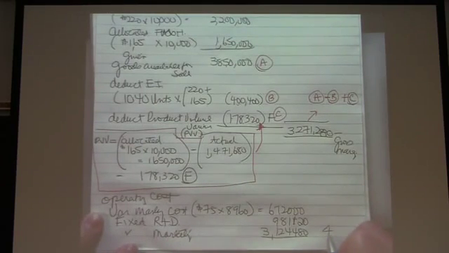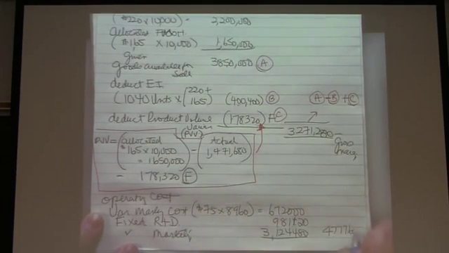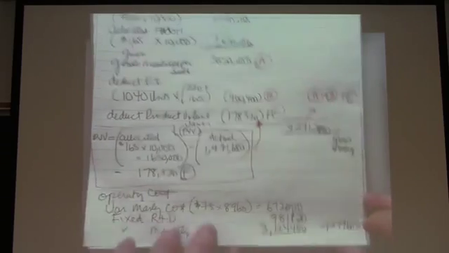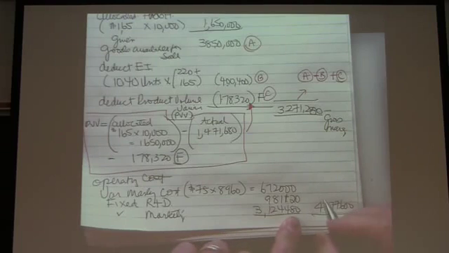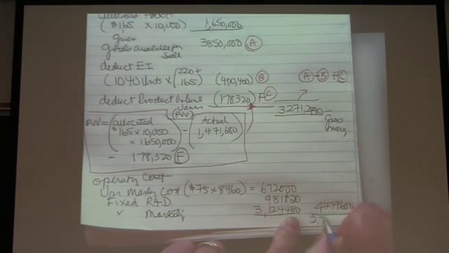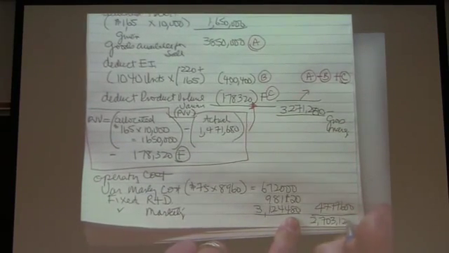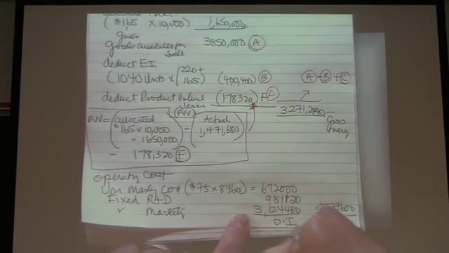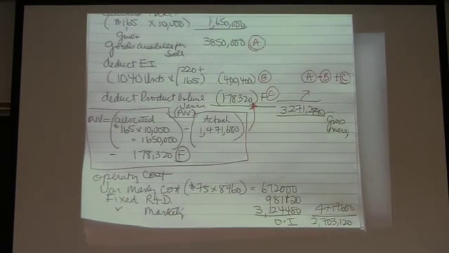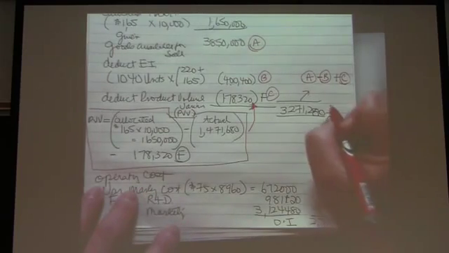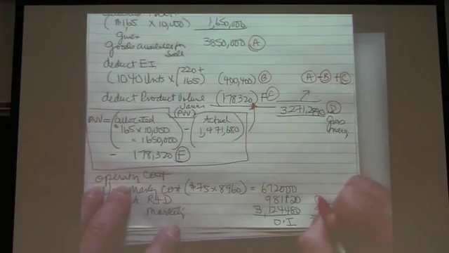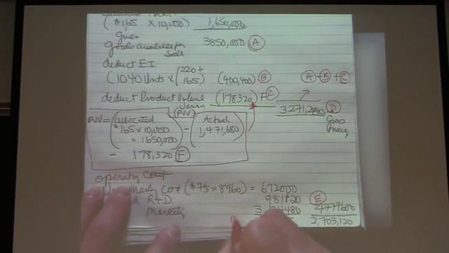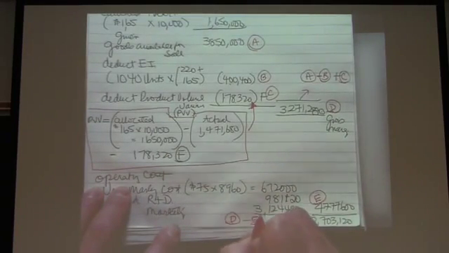So the sum of that is $477,600. We're going to subtract these two. You get operating income of $2,703,120. So this is D, and this is E. So it's going to be D minus E.